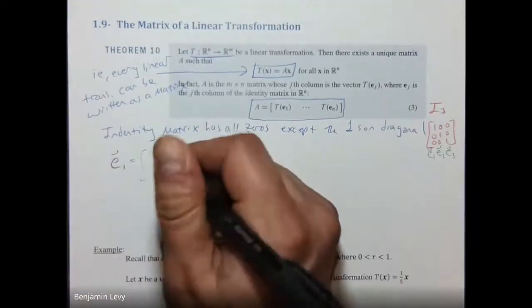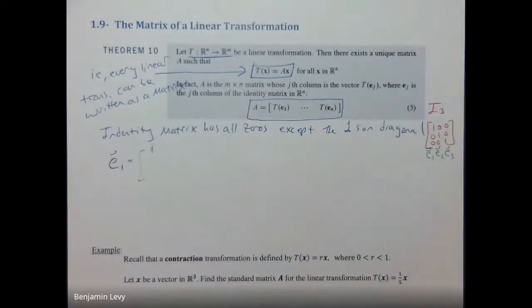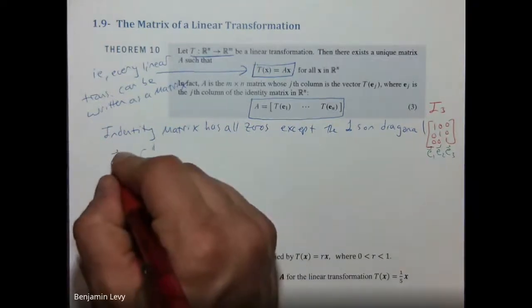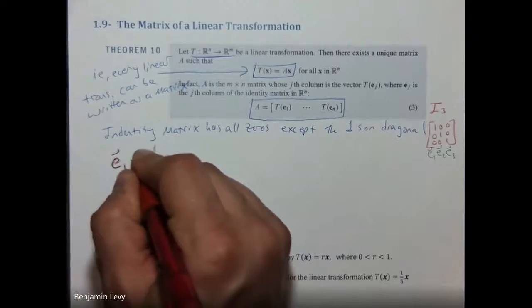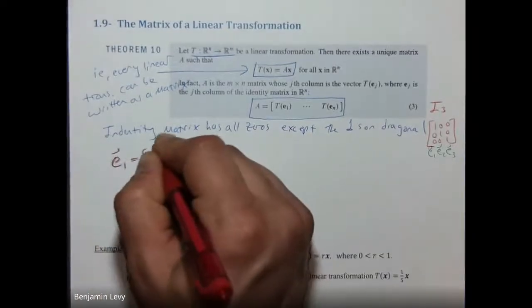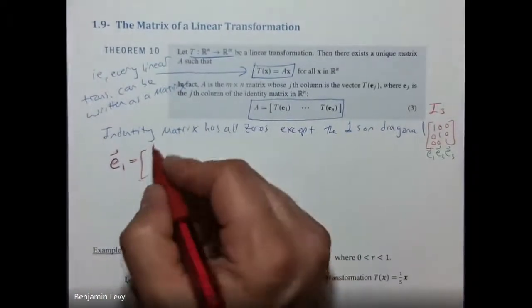We don't necessarily know what dimension we're in here. So when we write down e sub 1, all that means is there's a 1 in the first spot and a 0 everywhere else.